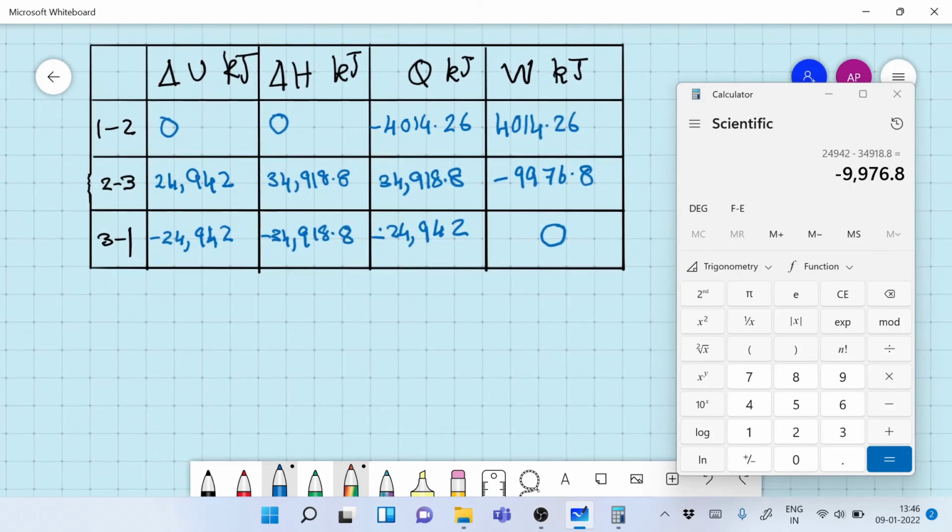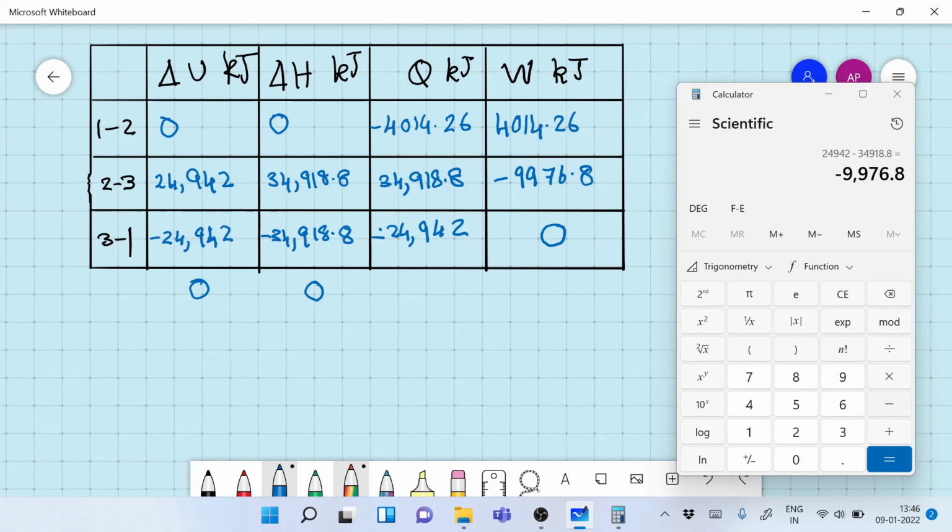So now let's do something. First, let us add up the contents in the first column and we get 0. Why? It's simple because it's a cyclic process. The change in internal energy will be zero because we started from state 1 and we came back to state 1. The similar logic holds for the addition of the values in the enthalpy column. This should be equal to 0. Now let us add up the quantity of heat.